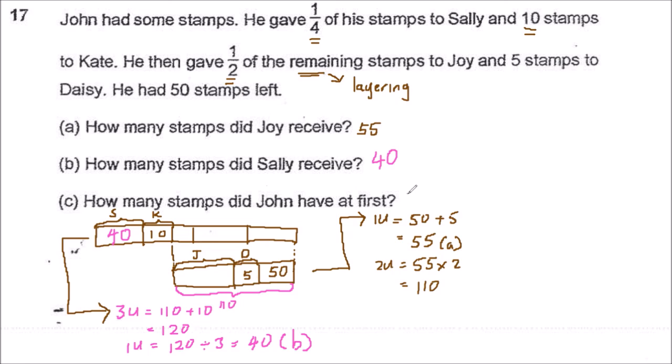John had a total of 4 units, 4 big units for the first layer. So isn't it just 4 units equals 4 times 40, and we will have 160. So this is the answer for part C. And that's it.